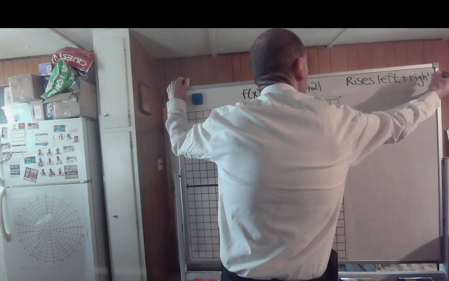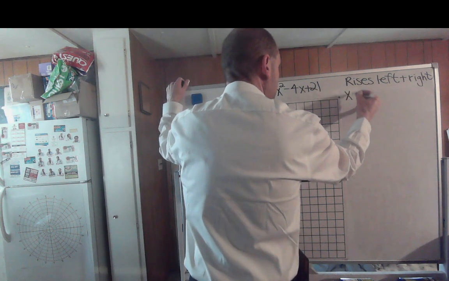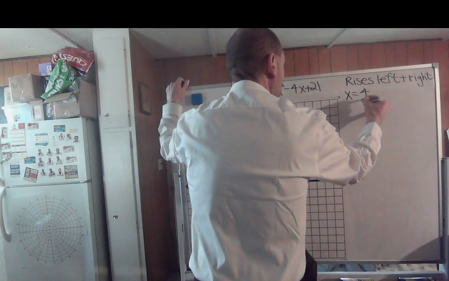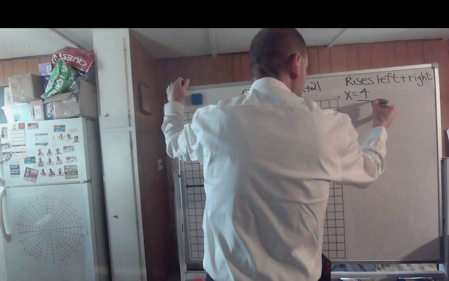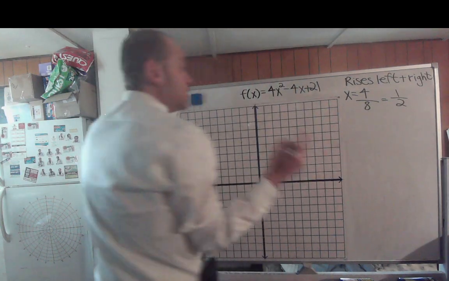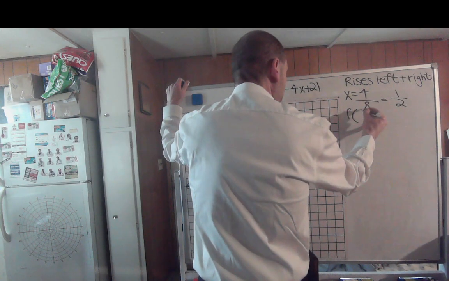Okay, let's go for the vertex. The x-coordinate of the vertex again is that negative of b, so negative 4 is positive 4. Over 2 times your a of 4, 2 times 4 is 8, so that means my x-coordinate's at 1/2. Now to find the y-coordinate, let's take f of 1/2.